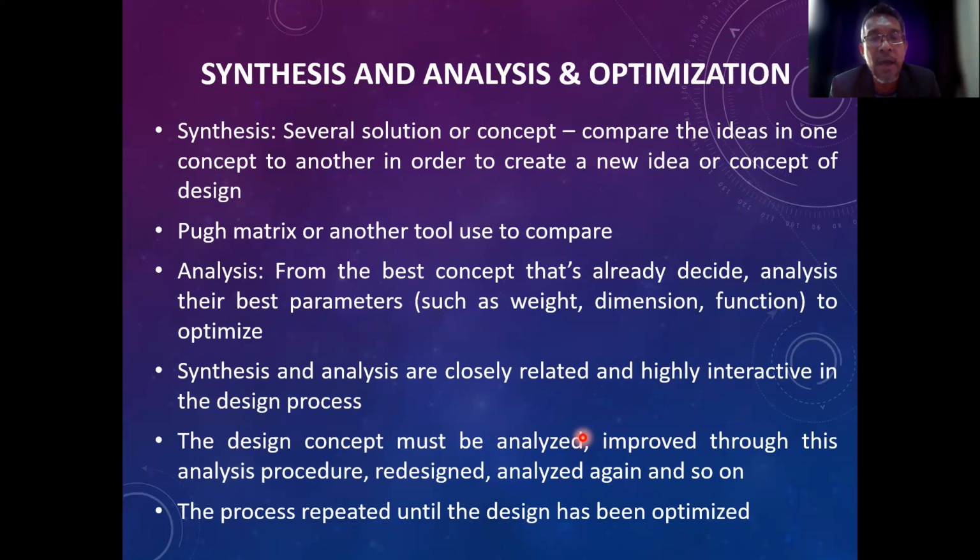So you already have the specification, you already identified your spec. You have several solutions or concepts from the problem definition. You need to compare those ideas or concepts to one another to create a new idea or a better concept of the product.